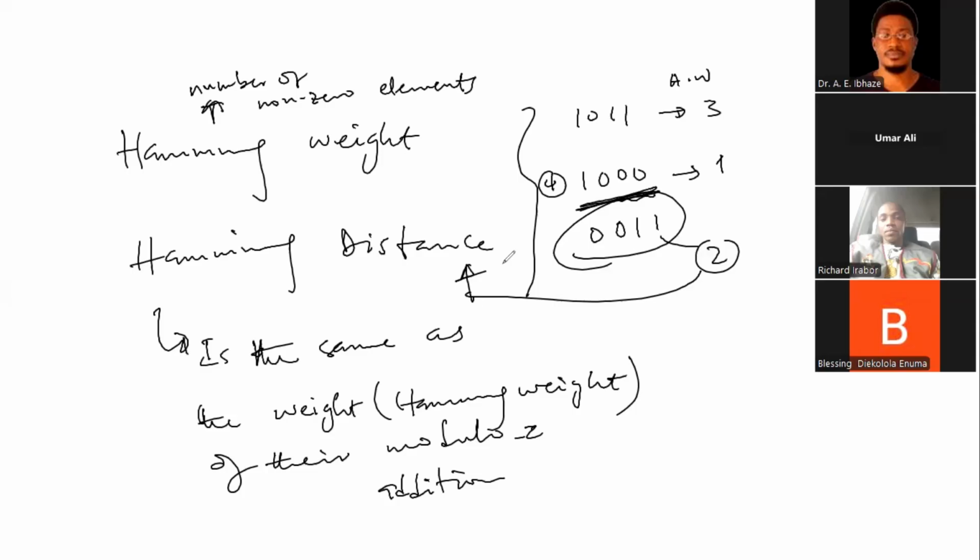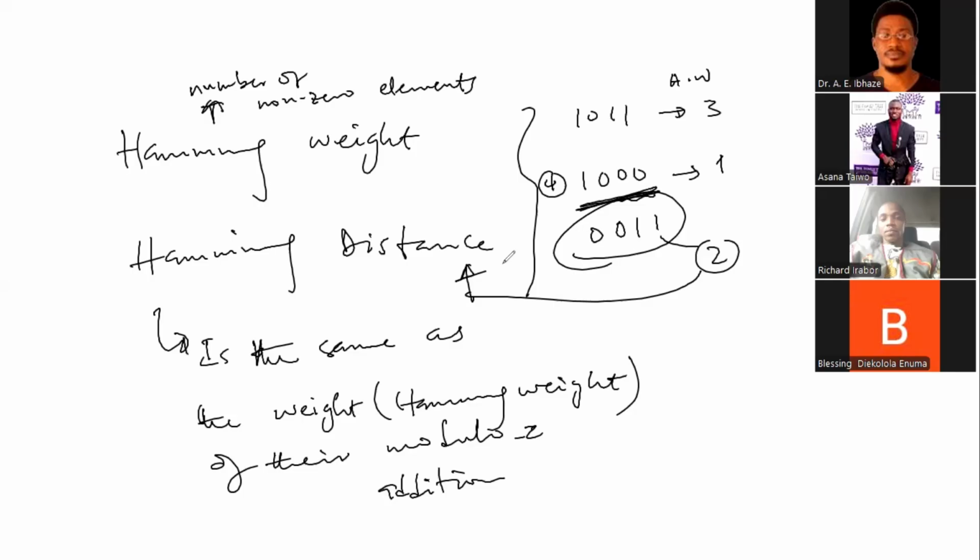And that gives us the idea of the error detection and error correction capability of the code when it comes to designing the code. Is that clear? Is that clear, please? Yes, sir.